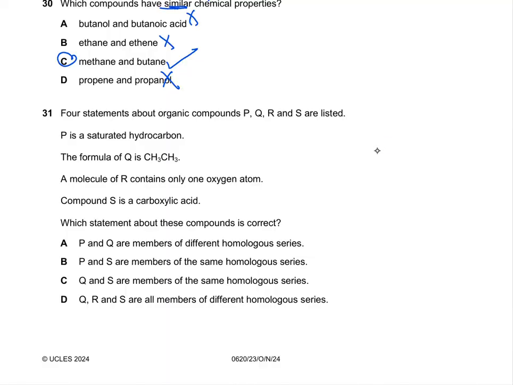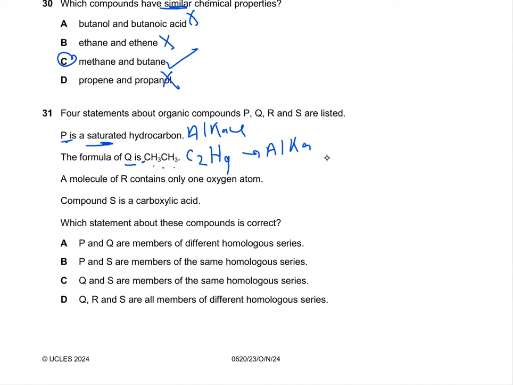Four statements about organic compounds are listed. Q is a saturated hydrocarbon, which means it's an alkane. The formula of Q is CH3CH3, which means that its molecular formula is C2H6. So it's an alkane. Why?